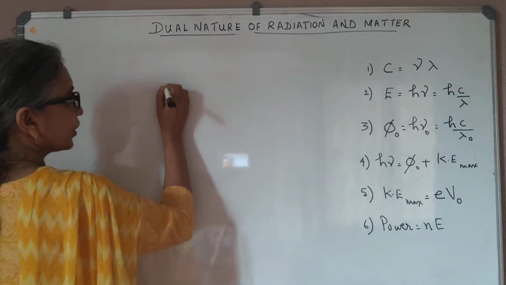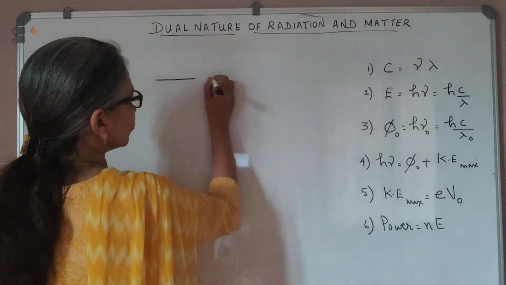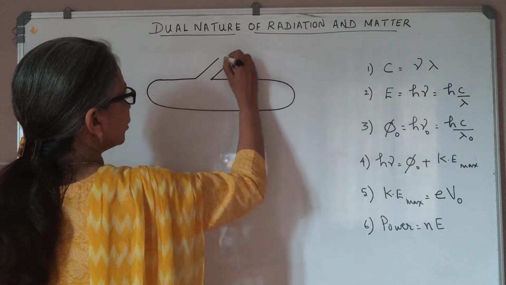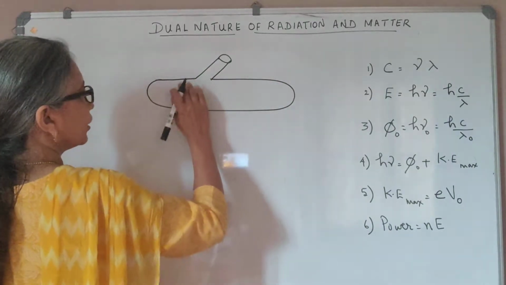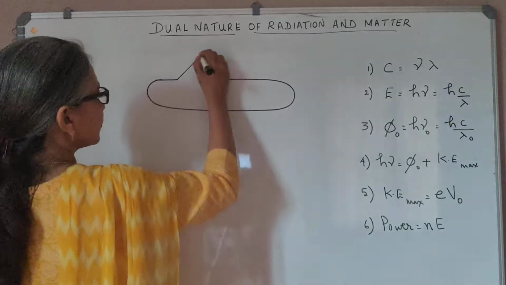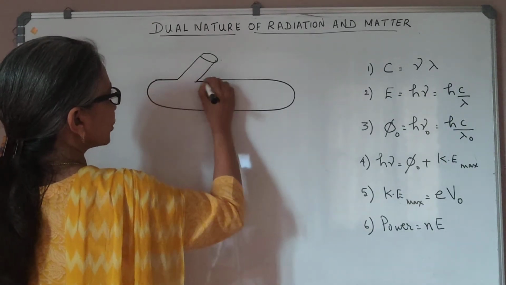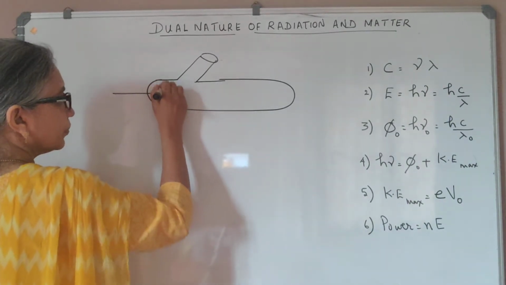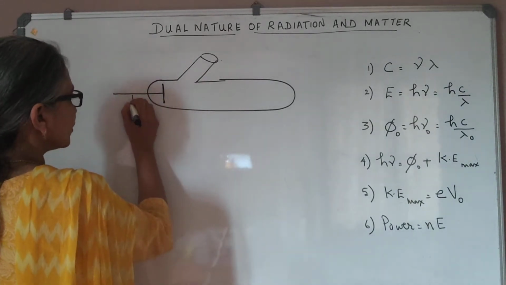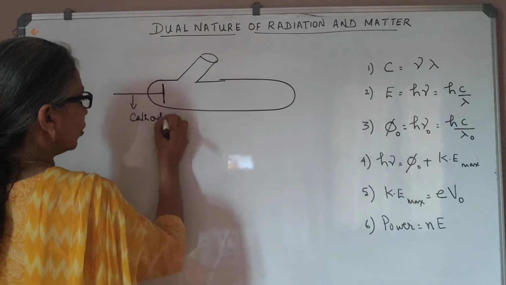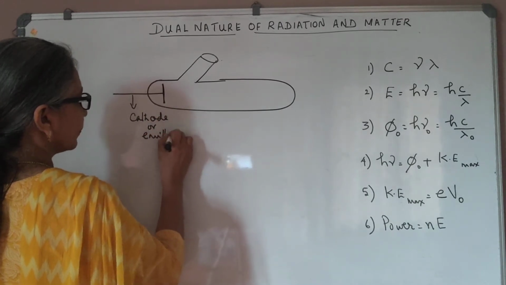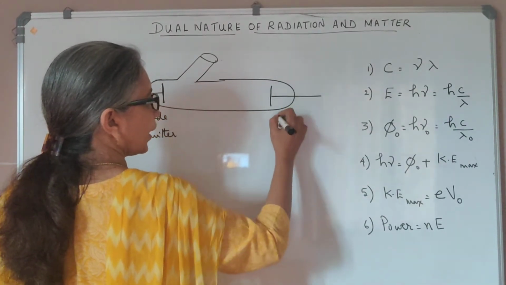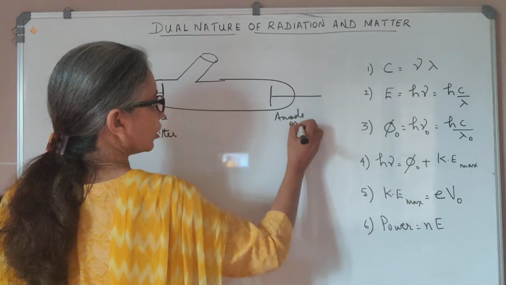For this experimental study, we have an evacuated tube with a small window which can allow light to enter so that it falls onto a photosensitive plate, and this photosensitive plate is called the cathode, or it's also called the emitter. We also have another metallic plate here called the anode or the collector.